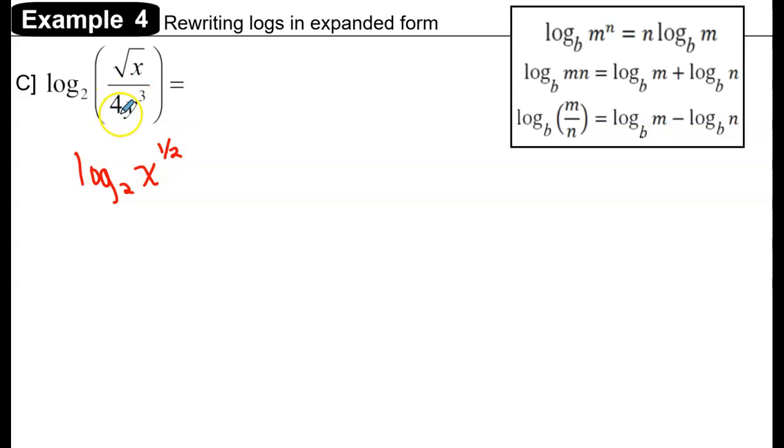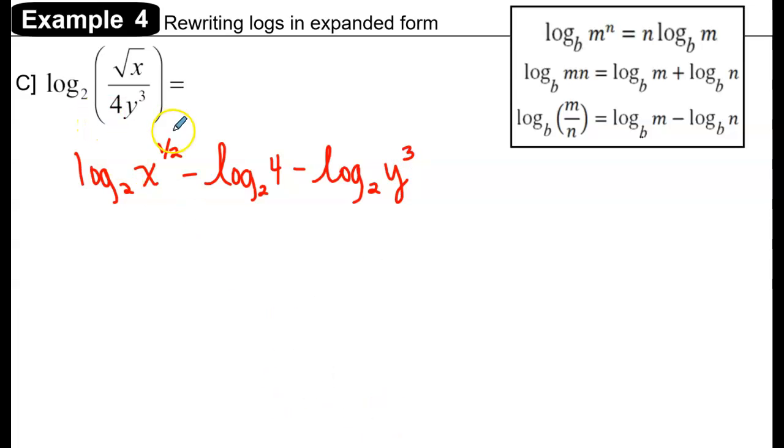Then the 4 is in the denominator, so that's going to be a subtract log base 2 of 4. And the y cubed is also in the denominator, so that'll be a minus again, and then log base 2 of y cubed.